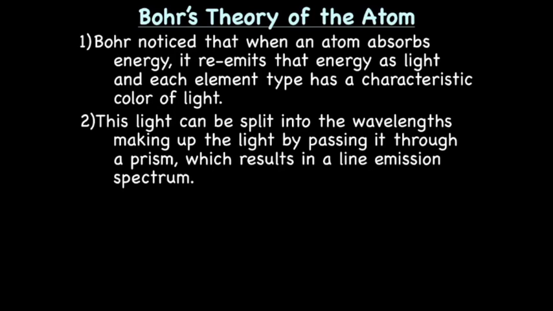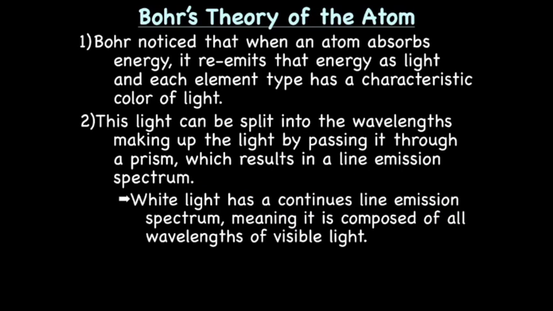So, for example, if I excited some hydrogen, adding some energy, it glows, in this case, blue, though it's actually more of a purple color. If we pass that through a prism, it will split that light into distinct colors of light. That is called a line emission spectrum.